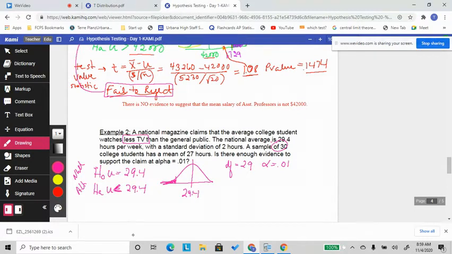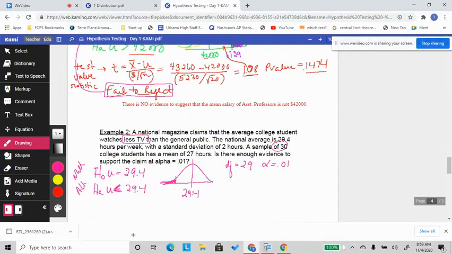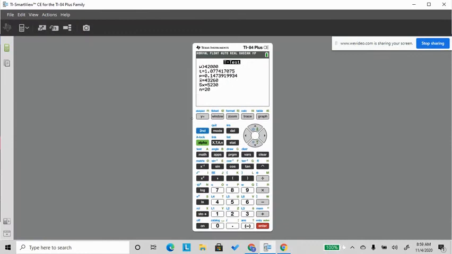Alpha of 1%. So I go to 1%, and I go down, across, and I get 2.462. And now I'm on the negative side, so I have to make it negative 2.462. I will show you on the calculator. You can do second VARS, number 4, inverse t. This is for people that have this function. 0.01 and 29.